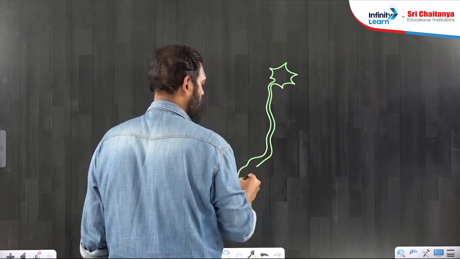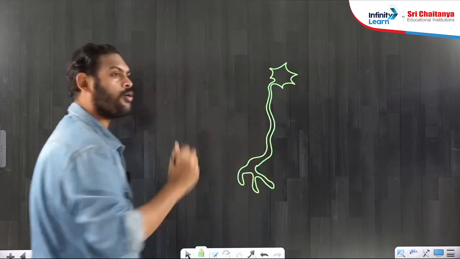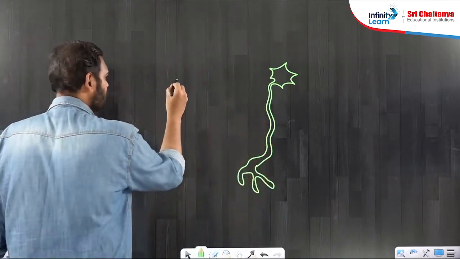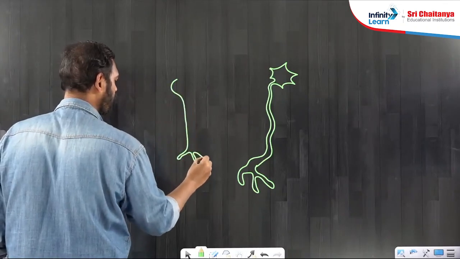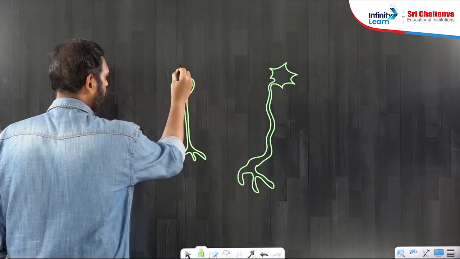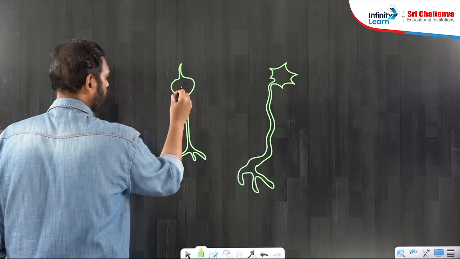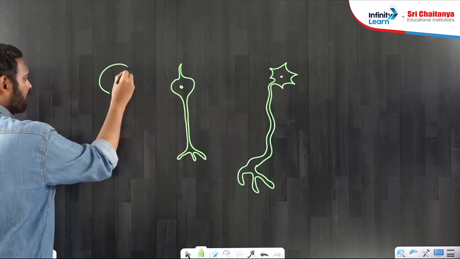Like this. This is a neuron. This is also a neuron. Even this was also a neuron.